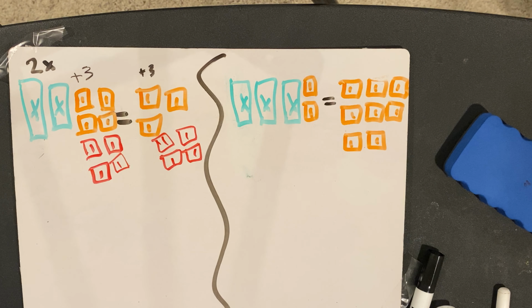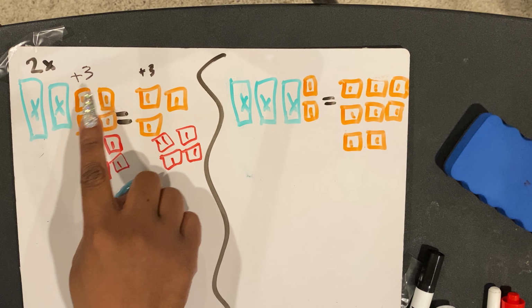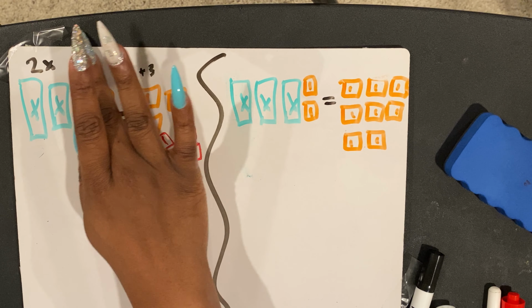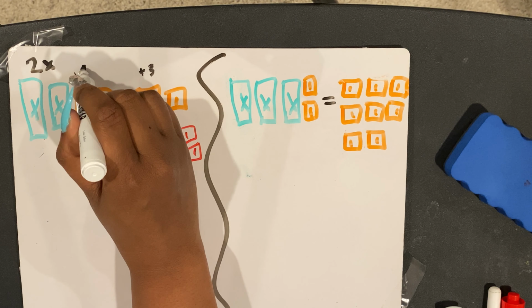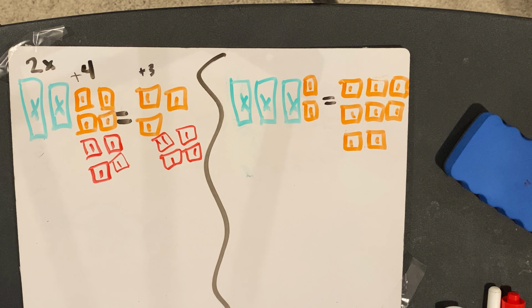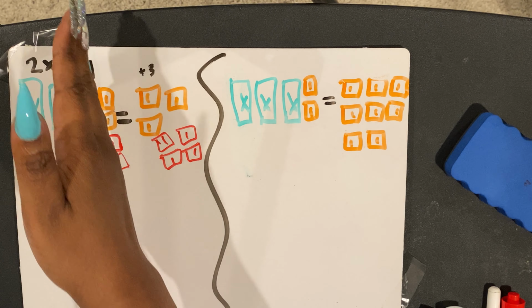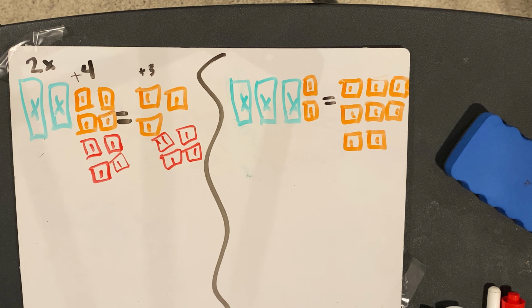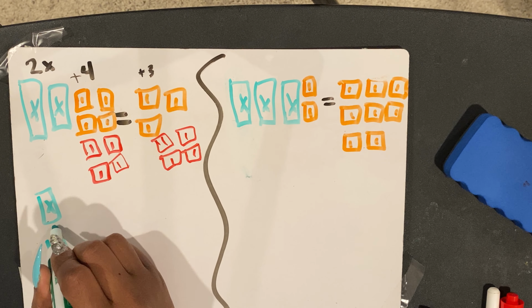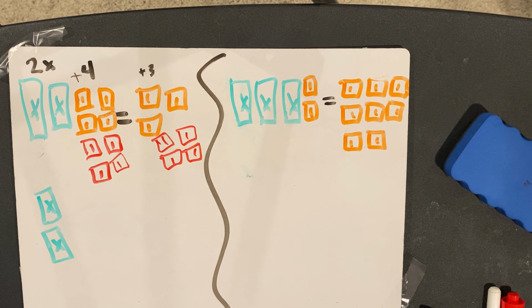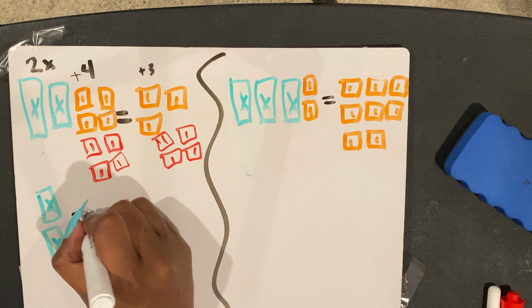There we go. Now, based off of what I know, these 4 and the 4 that I just put down there, so my orange 4s and my red 4, they zero out. They cancel each other out. So on this side, the only thing I have left is 2 of my x variables. And then I have my equal sign.